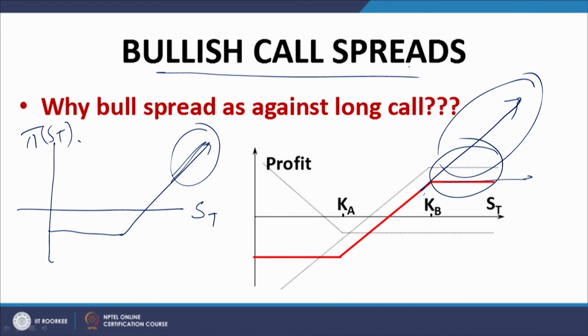In other words, he is bullish about the stock price, he is happy about it going up, but at the same time he is anticipating that the growth in the stock price will truncate, will stop at KB. It will not go further.